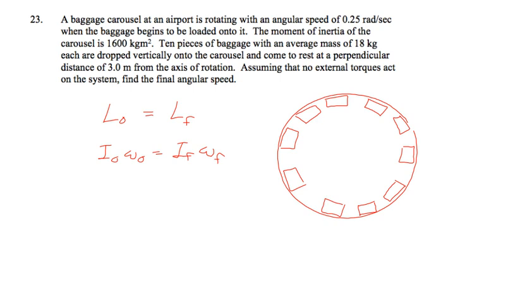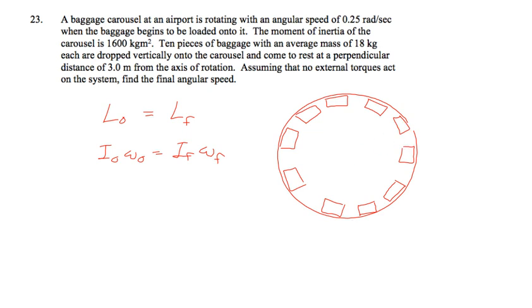So we already have a rotational moment of inertia for the carousel itself. Now we need to add in what the change is, how much new I we have compared to when it was empty.